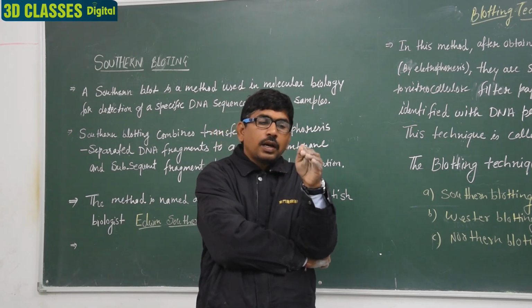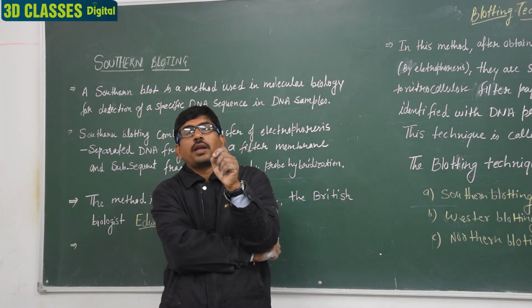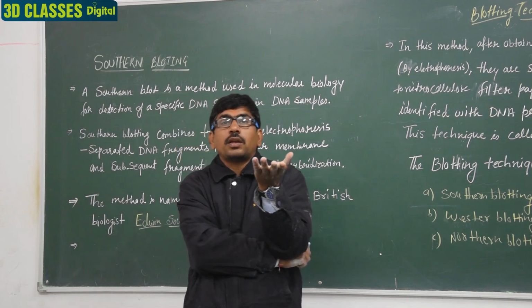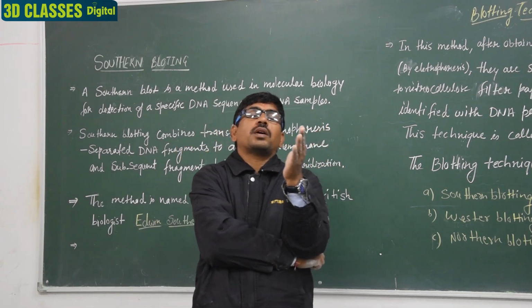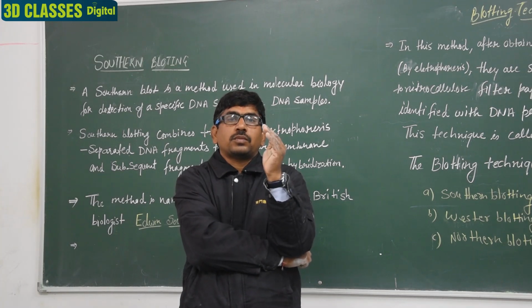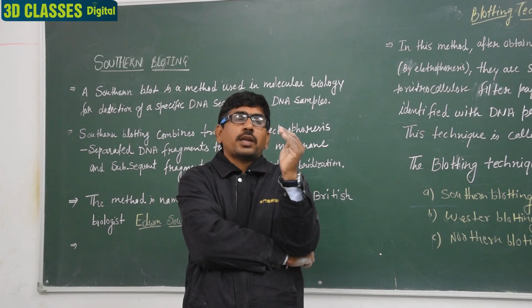But for DNA, the first blotting technique was discovered by E. M. Southern in 1975, and out of respect for his name it is called Southern blotting.